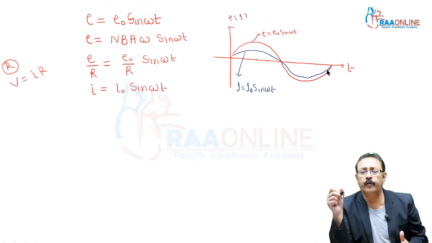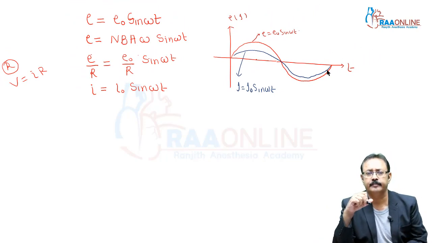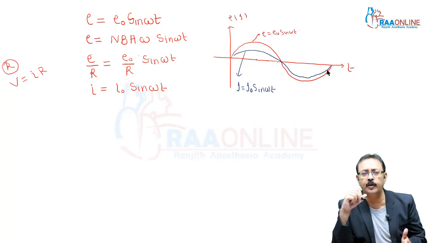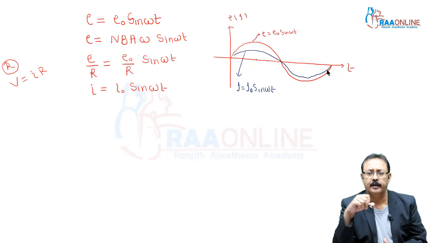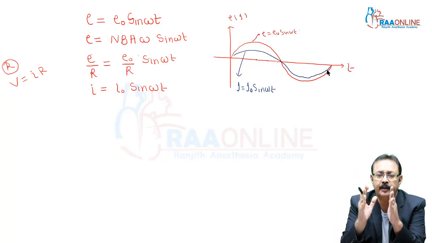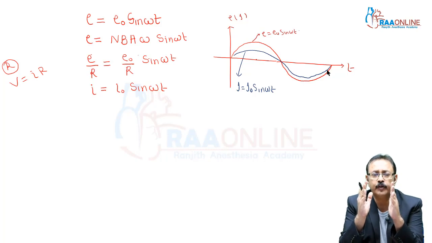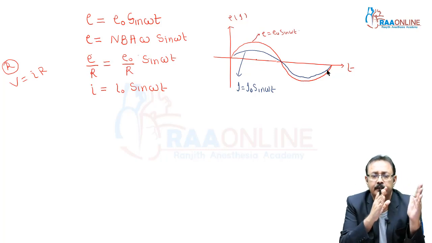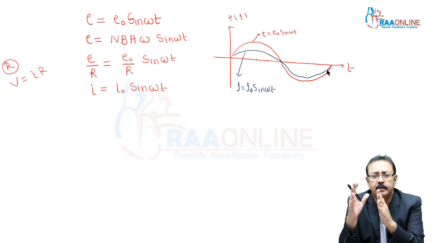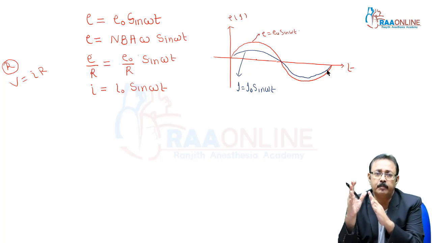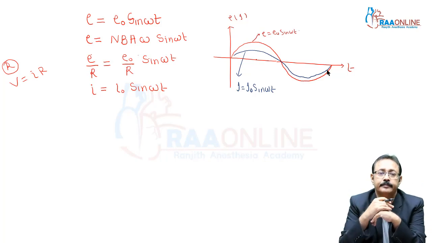What are the values of sin theta from 0 to 180 degrees? Negative values are there from pi onwards. If we take the mean in the first half cycle, what values of E or I do we get? We will get the same values in the second half but with a minus sign.